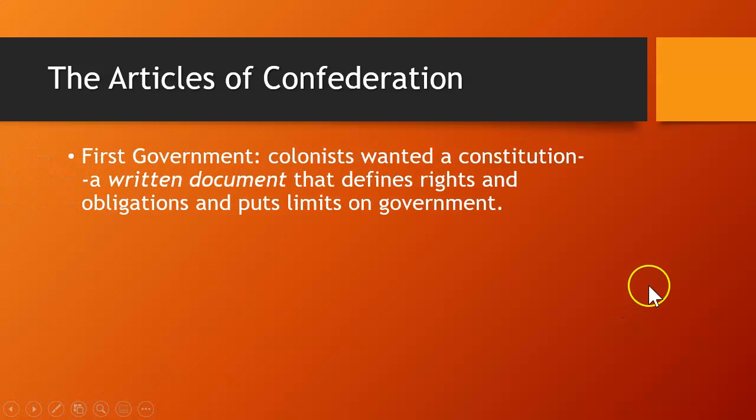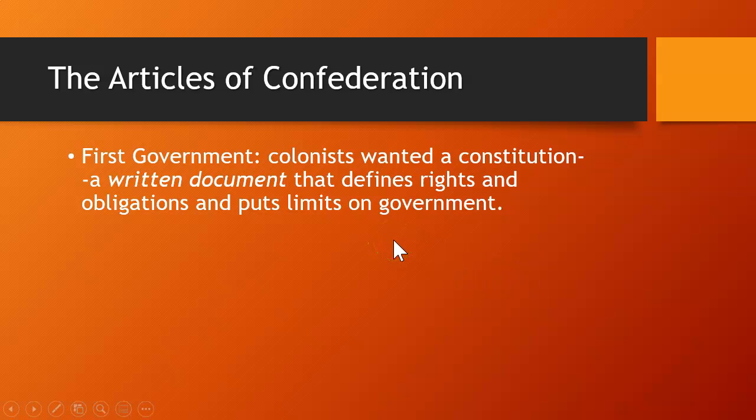Okay. Now, our first written Constitution in the United States was called the Articles of Confederation, and it failed. Our first government didn't work, mainly because it gave too much power to the states, not enough power to the national government. So when a crisis arose between the states, there wasn't a strong central government that could step in and say, enough, here's how we're going to solve this problem.